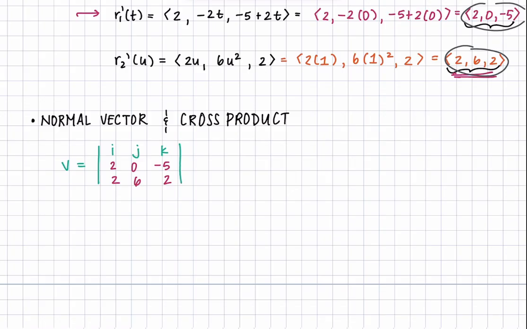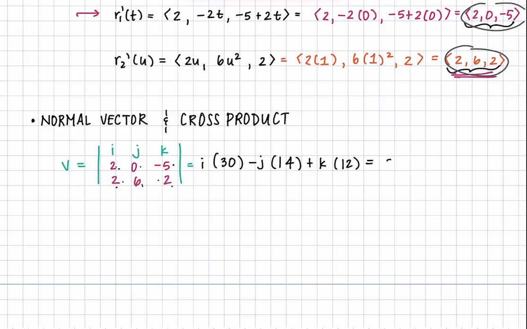Taking the determinant of this, I'm going to get i times 0 times 2 minus negative 5 times 6, that gives me 30, minus j, and then it's going to be 2 times 2 minus negative 5 times 2. That's going to give me 14, sorry, positive 14. And then plus k, which is going to be 2 times 6 minus 0 times 2, which is 12.